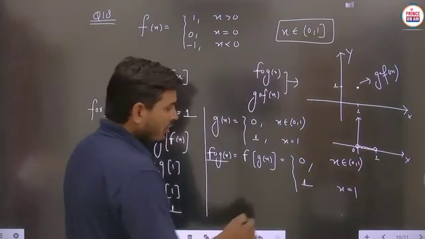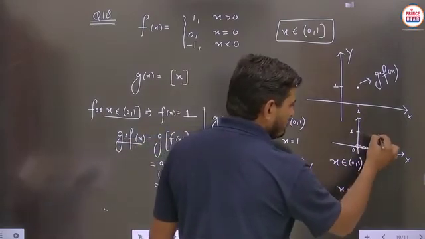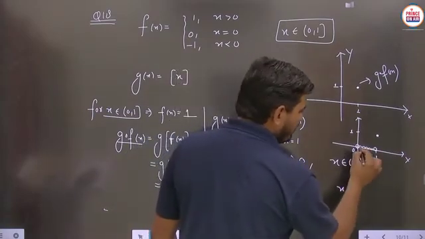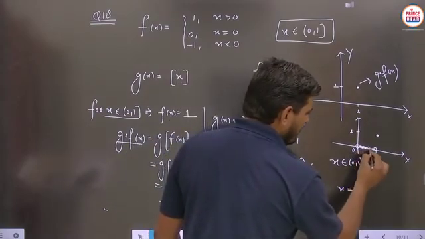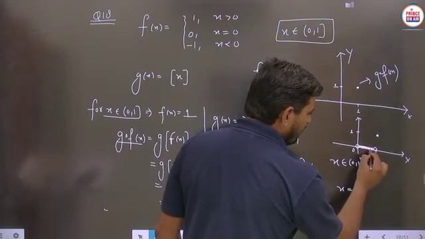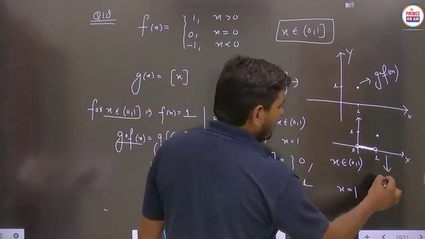As well, for x equals 1, suppose this is 1, then this is 1. So this point will also be part of this function. The graph of this function is this part and this part, both together. This function is represented as f o g (x).